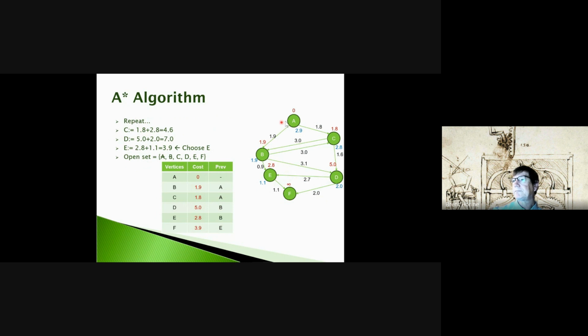But so we're coming up with this cost of 7, but it's still going to work out, right? E now has this cost of well, it took us 2.8 to get to E, and it's going to cost us 1.1 to get to F.